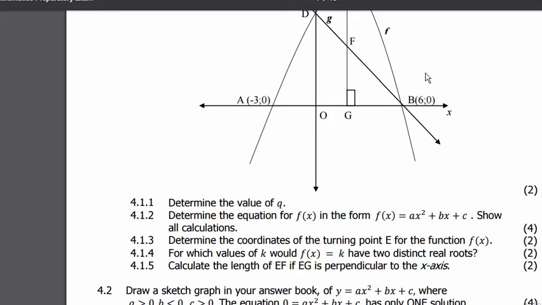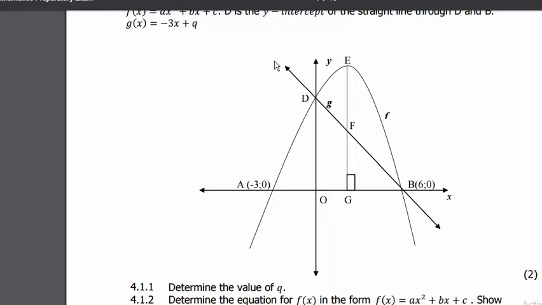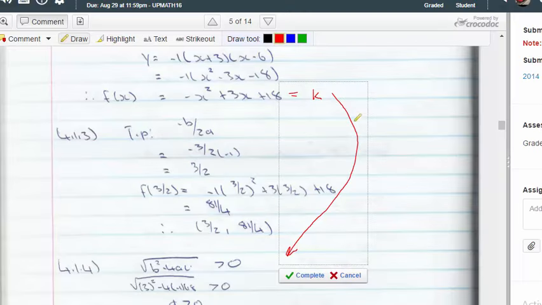Where will that straight line cut 2 times? It's very easy, because if I make my straight line above the turning point, I won't cut at all. If I make it equal to my turning point, I'll cut once. And if I make it less than my turning point, I'll cut 2 times. So the answer is just less than the turning point.